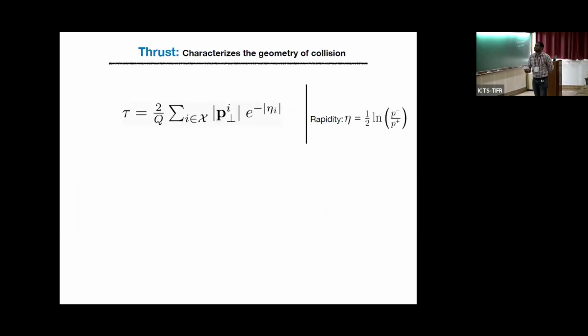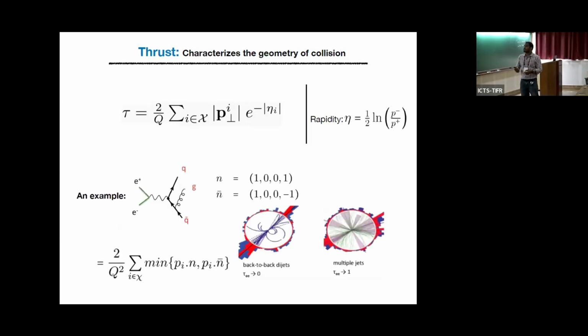Okay, so let's start with thrust. This is the definition of thrust. Q is the hard scale of the interaction, and p_perp is the transverse momentum of the ith particle of the jet, having the rapidity of the ith particle in the exponent, and we sum over all the particles. So what does this definition give? Let us understand.